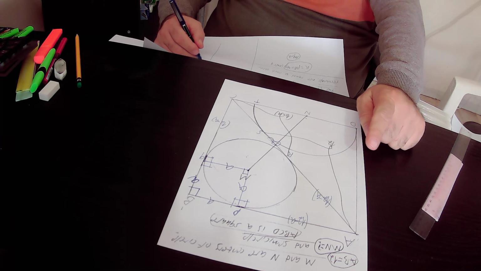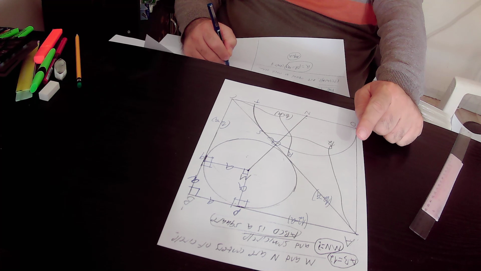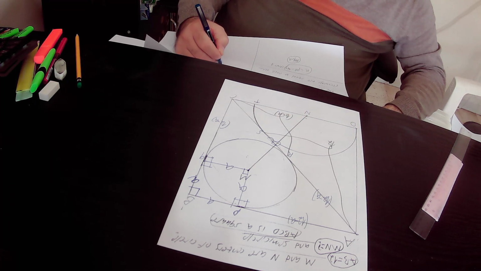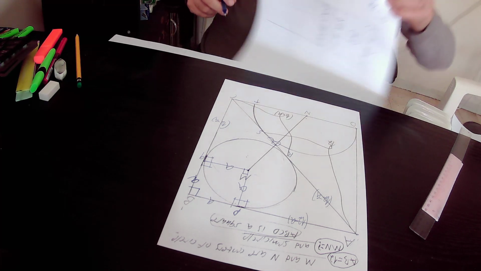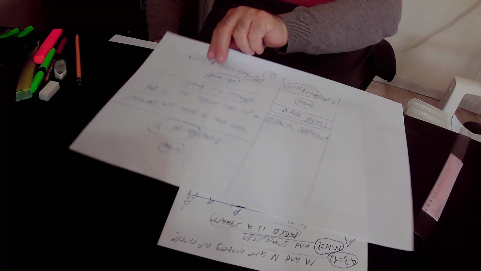That is to say, AC square equals AB square plus BC square. This is equation number 1.